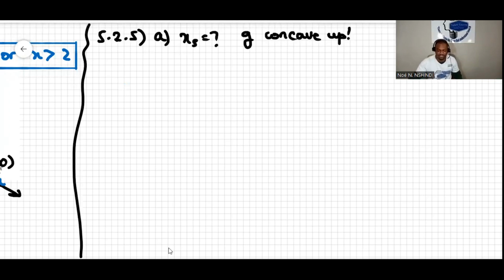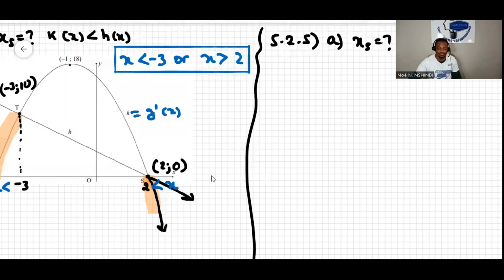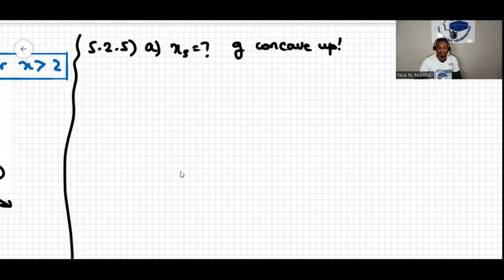Because if k here was g prime of x, in this part here the function is increasing from here all the way through -1. So in this situation we will say that g will be concave up if x is lesser than -1.